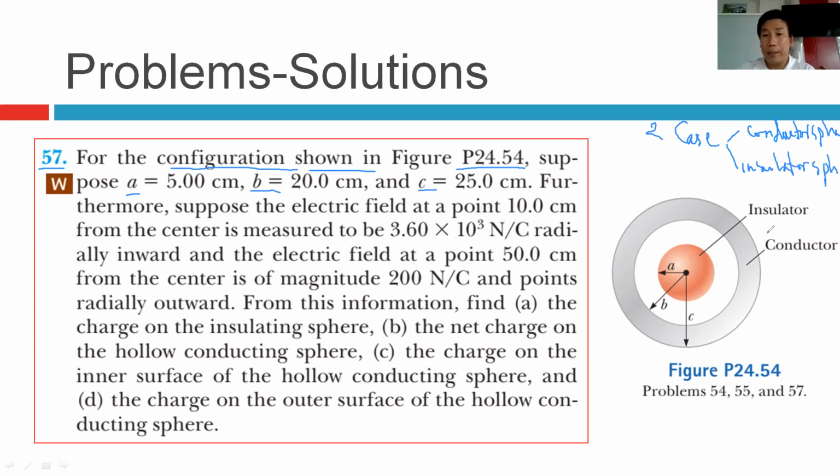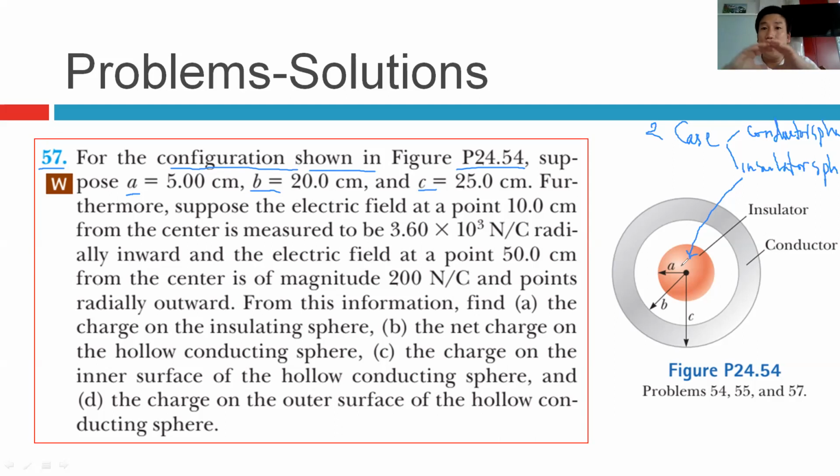Please remember that if we have an insulator sphere, the charge will distribute uniformly inside the sphere. But for a conductor, even a solid conductor sphere, the inside of the sphere has no charge.